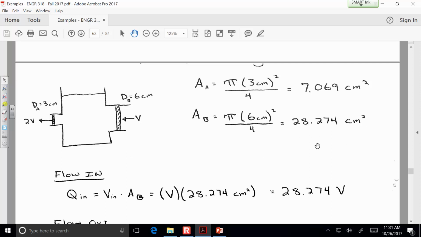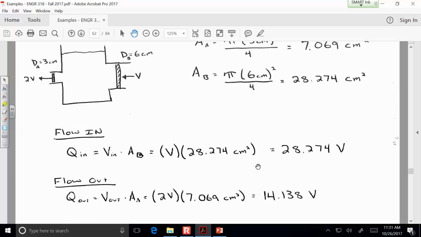So if we think about the flow rate in, we can solve this in symbolic terms. Since we don't have an absolute velocity for V, we could just solve it in terms of V. So the Q in would be 28 times V, and then the Q out is just going to be 14 times V. So it would be whatever the area is multiplied by the velocity. In this case, the velocity was 2V. So there's more going in than going out.